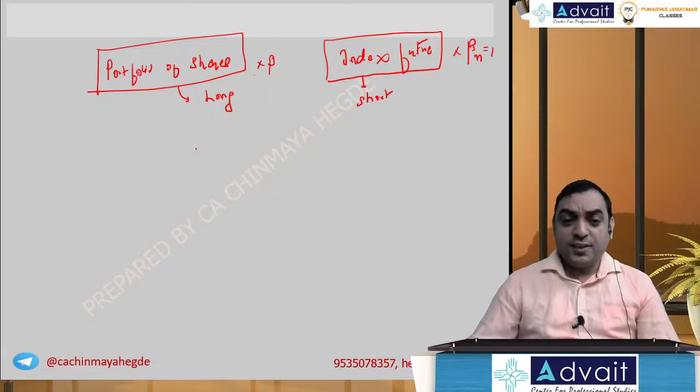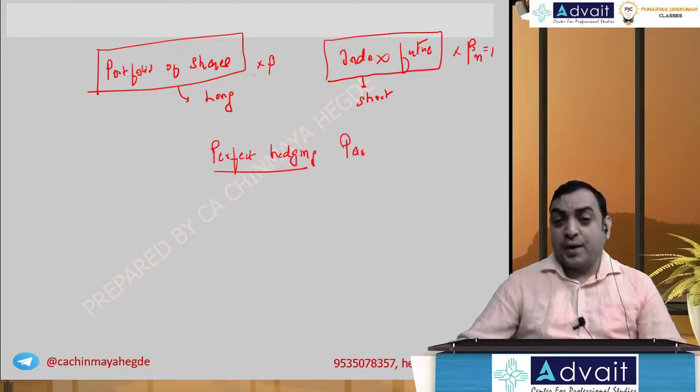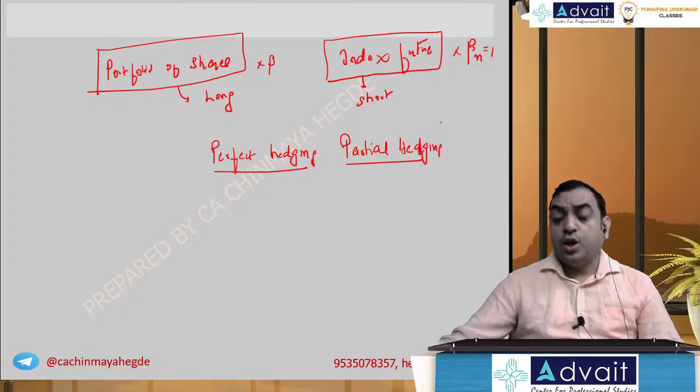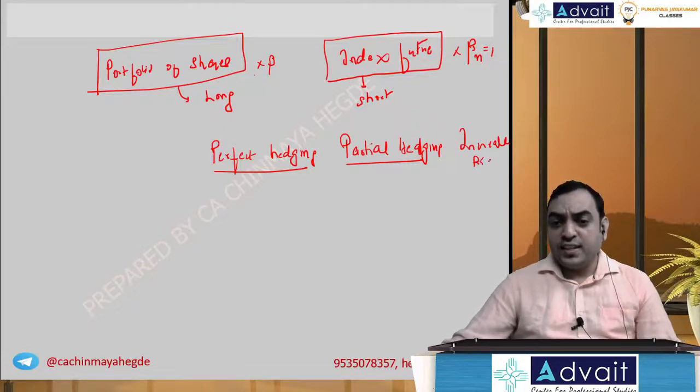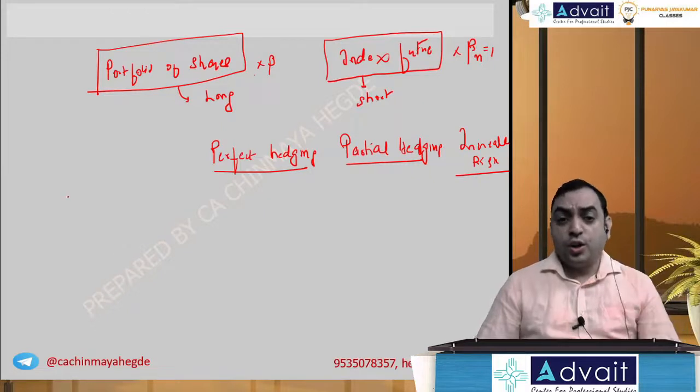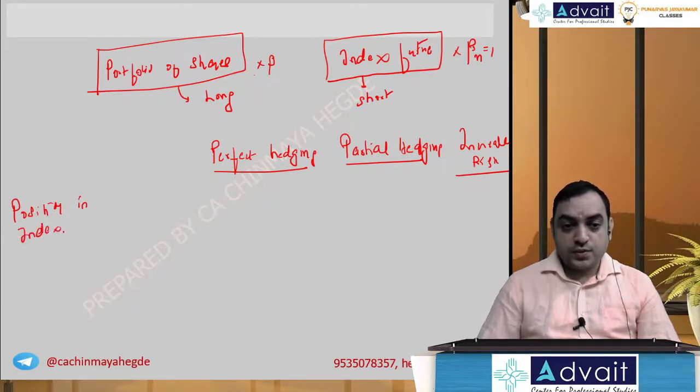Therefore, you are having three situations. If you want to do perfect hedging, or if you want to do partial hedging, partial coverage, minimizing the risk, or you want to increase the risk. I don't say hedging there. What should be your position amount in index futures?